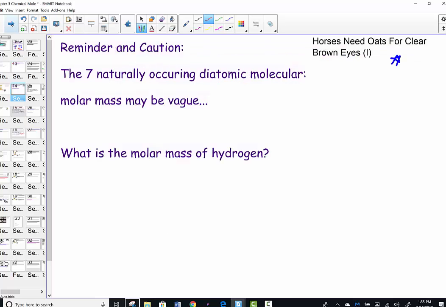And I just reminded myself to remind you to be careful about the 7 naturally occurring elements. It may be vague. If you hear what's the molar mass of hydrogen or chlorine, bromine, iodine, any of those 7 elements, this is a vague term.